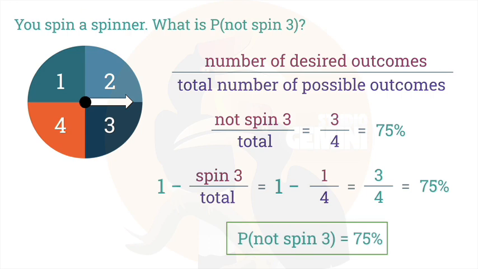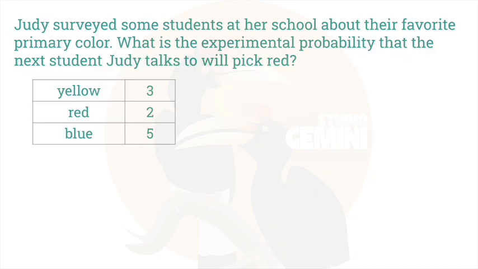Great, let's do another experimental probability example. Judy surveyed some students at her school about their favorite primary color. What is the experimental probability that the next student Judy talks to will pick red? The experimental probability here will be the number of students who picked red out of the total number of students surveyed. 2 students picked red, but how do we find how many were surveyed?